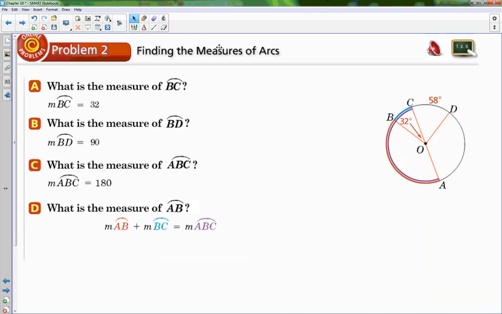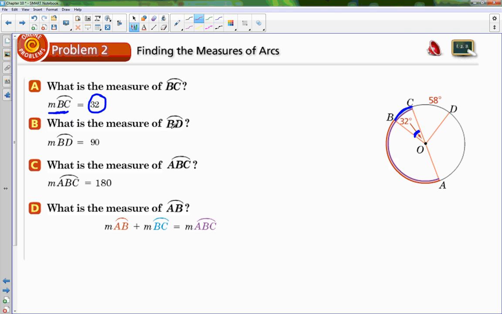Okay, so using the property that central angles are equal to the arc measures, we are going to find the measures of each item. We want to find the measure of arc BC. That's this one right here. Its central angle is 32, so its arc measure is 32.